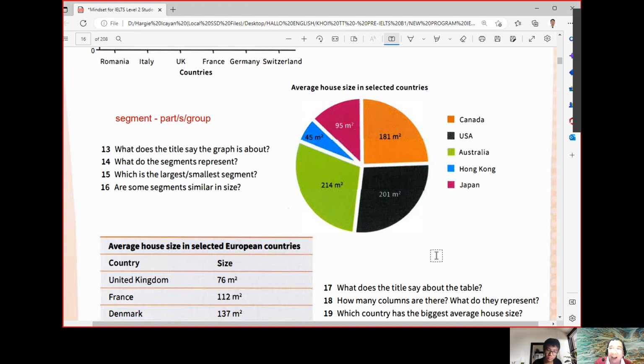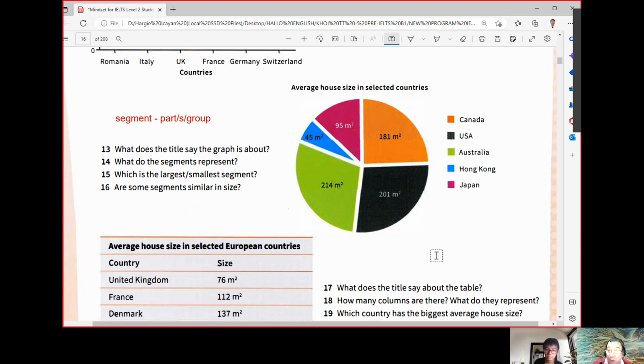Now look at the segments. The segments each have their own number, or data. And look also at the color, because sometimes there would be questions like what the color orange represents, what the color black represents, what the color green represents, what the color blue represents, and what the color red represents.